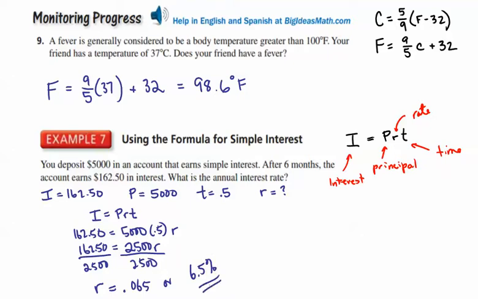Remember, to get the percent from a decimal, we're going to move the decimal place 2 places to the right.